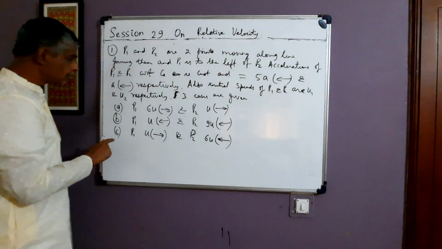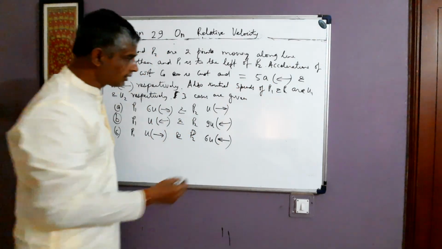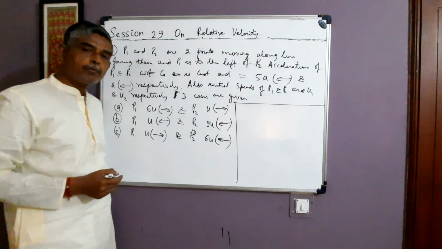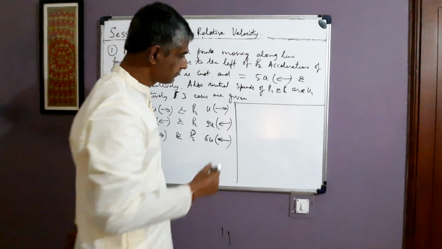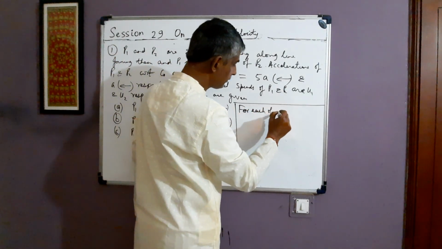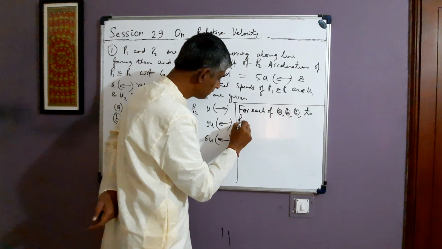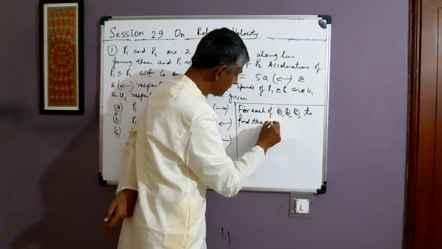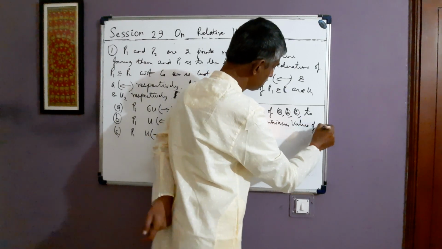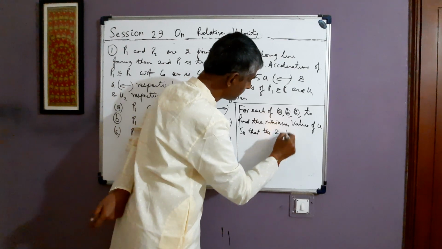So now accelerations of these two points are common to all these A, B, C. Now what we have to do is tell in each case A, B, C what is the minimum value of u so that the two points subsequently collide.